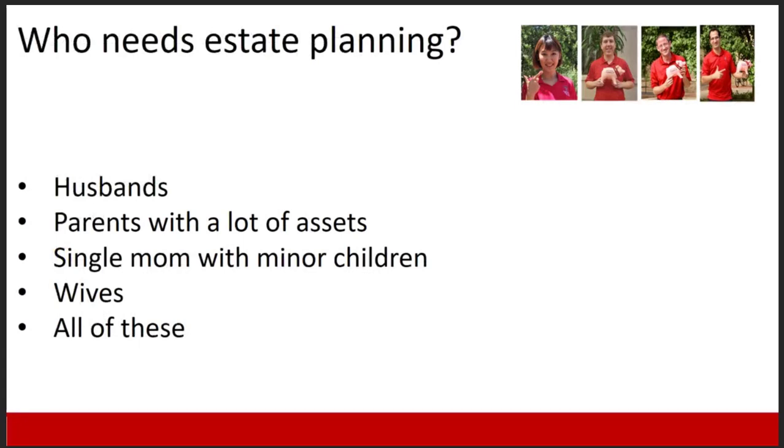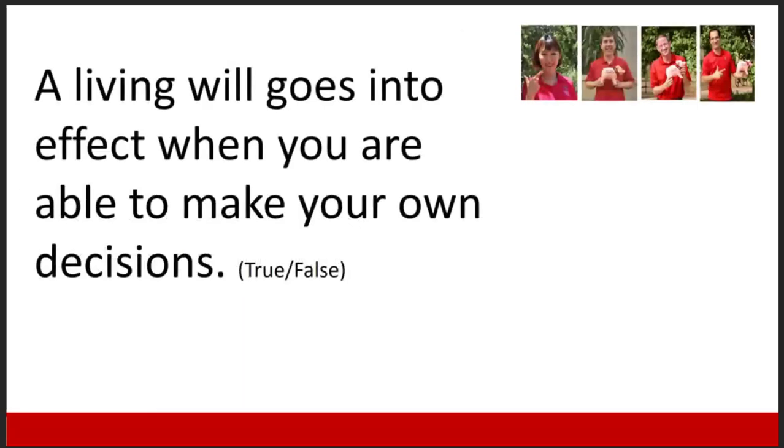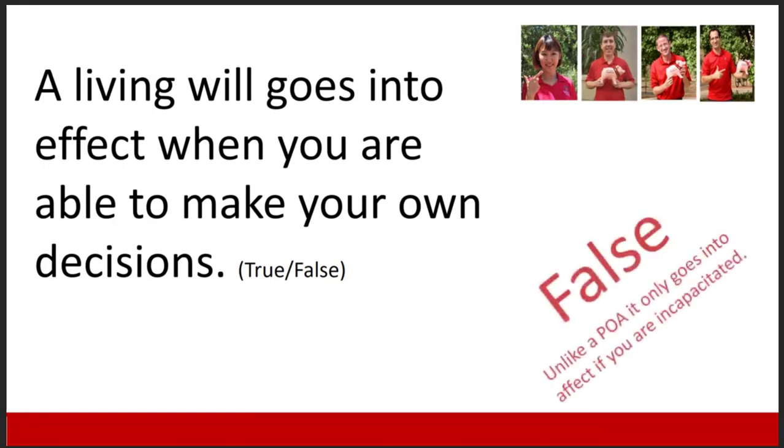Okay, let's have some questions here. Who needs estate planning? Husbands, parents with a lot of assets, single mom with minor children, wives, all of these. All of these, exactly. Next one. A living will goes into effect when you are able to make your own decisions. False. Why is that?